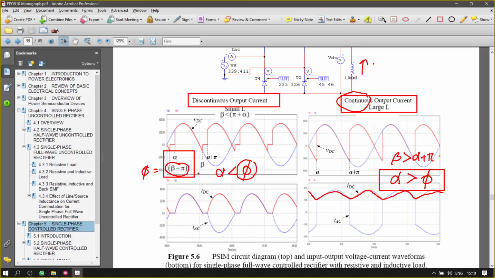However, the first thing you need to check, whether it is a discontinuous or continuous output current, is to look into the alpha condition, whether it is below or greater than the load angle. Sorry, the load or impedance angle, which is phi equals inverse tangent of omega L over R, isn't it? So you need to find this and compare with alpha.